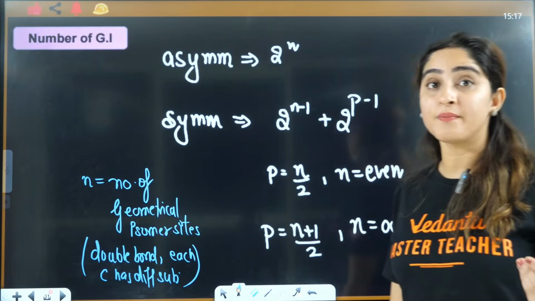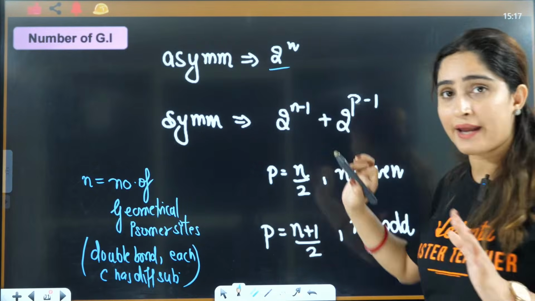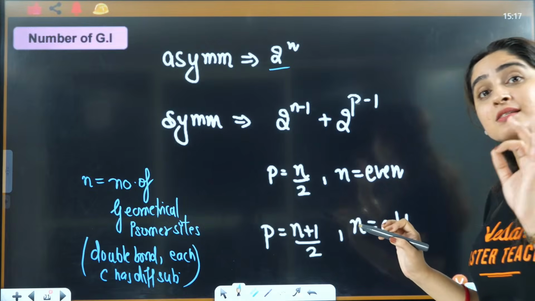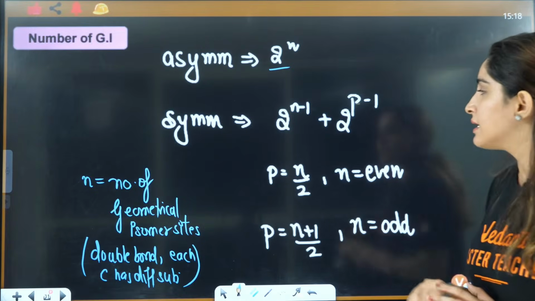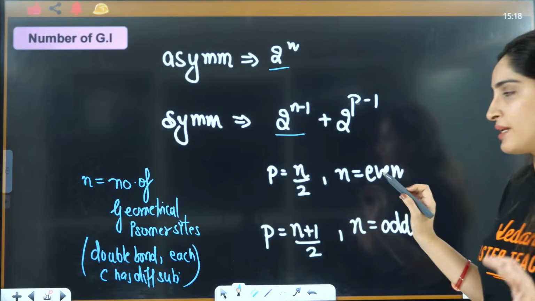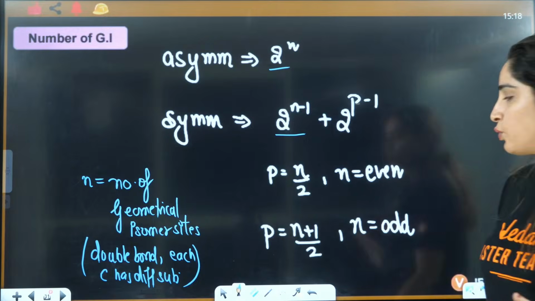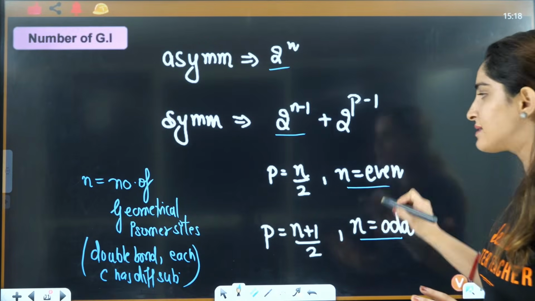If it is asymmetrical, that means there is no plane of symmetry, then it is 2 raised to power n. But if it is a symmetrical structure, then it will be 2 raised to power n minus 1 plus 2 raised to power p minus 1, where p is n by 2 if n is even, and p is (n plus 1) by 2 if n is odd.